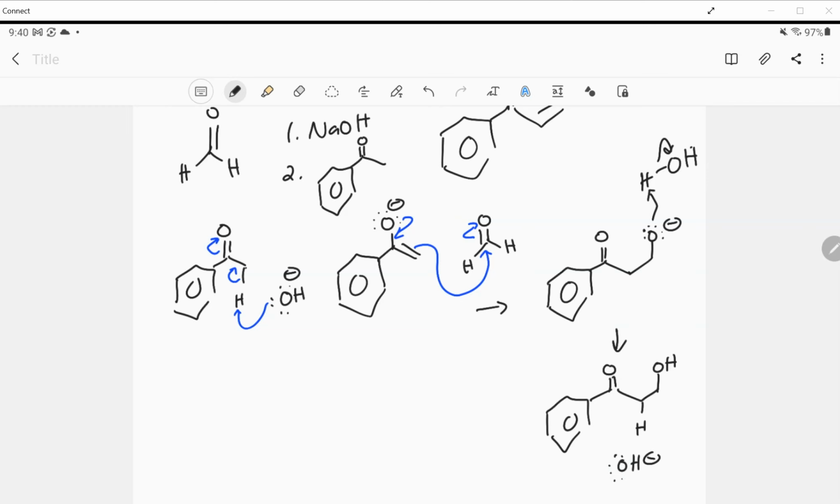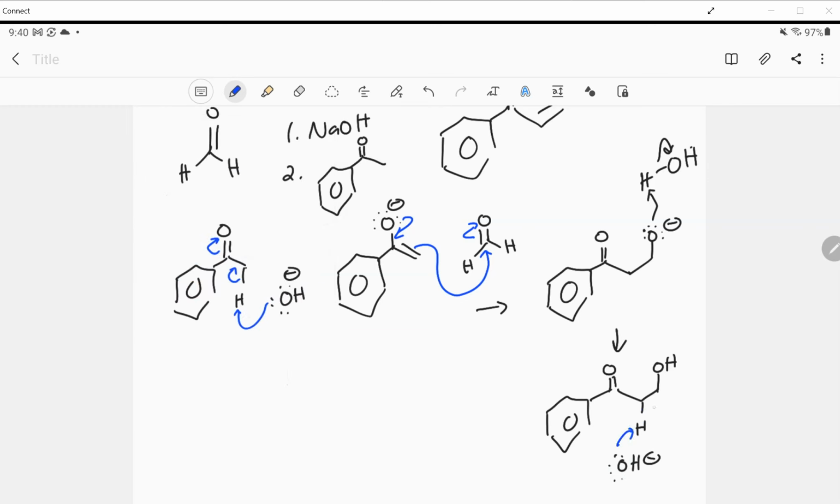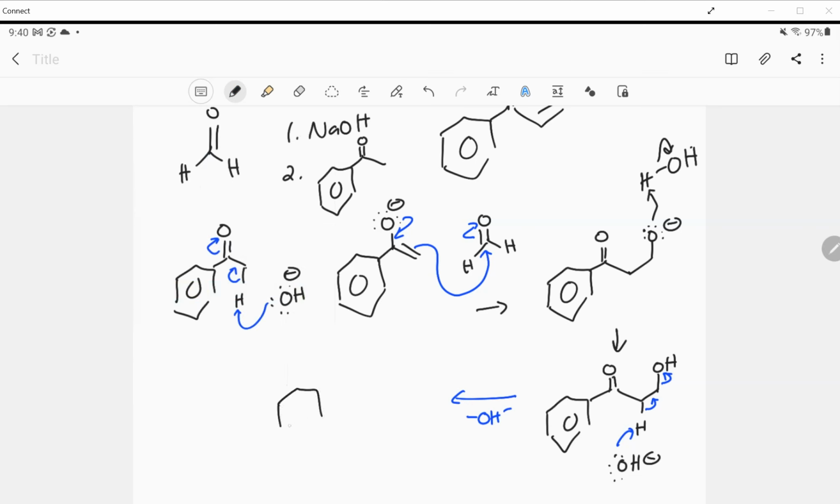We're going to grab that alpha hydrogen and condense by kicking out our hydroxide, and we will end up with our condensed product. And so we have now synthesized our aldol condensation product.